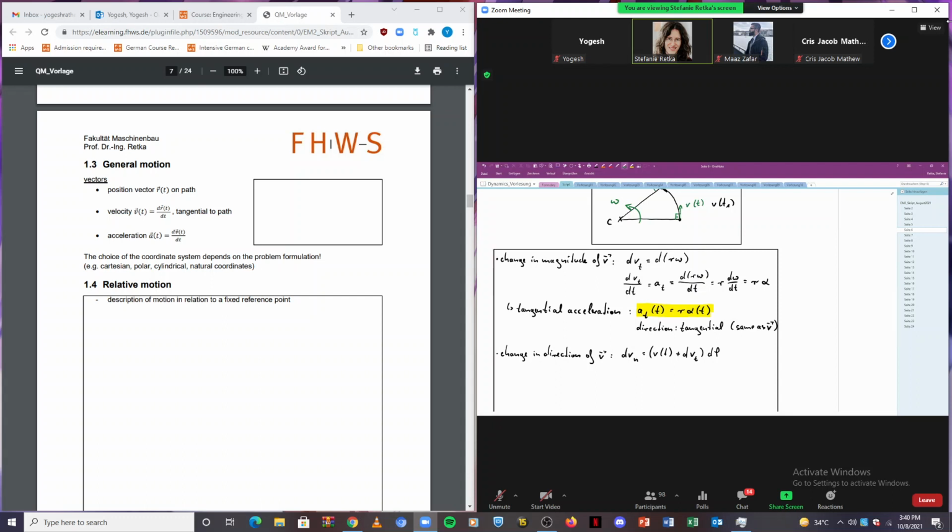Now, we can neglect the dVt, the change in magnitude, since this component is significantly smaller than the velocity vector itself. Okay, we start with our velocity vt, and then it changes a little bit. So this small change is much smaller than the velocity itself.